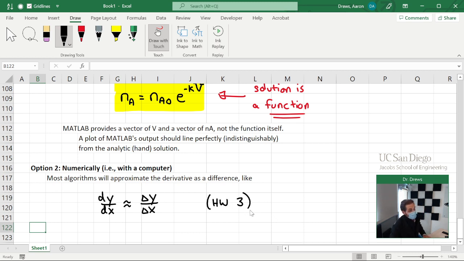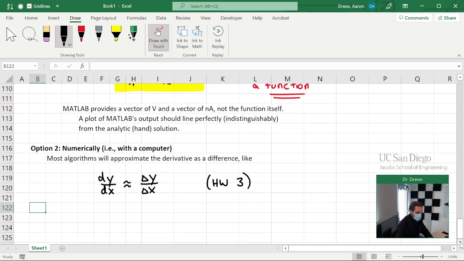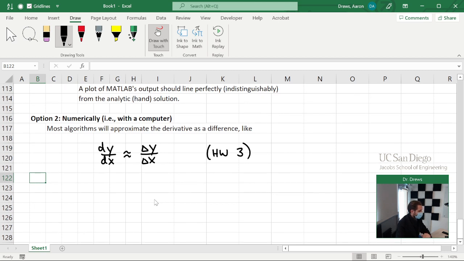The same approach can work with an ordinary differential equation, although they're usually structured slightly differently because an ODE is asking for slightly different things than just a straight numerical integration. But the big difference is this approximation is actually pretty poor, the one that we've used.